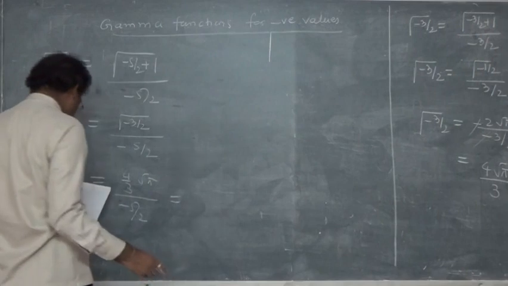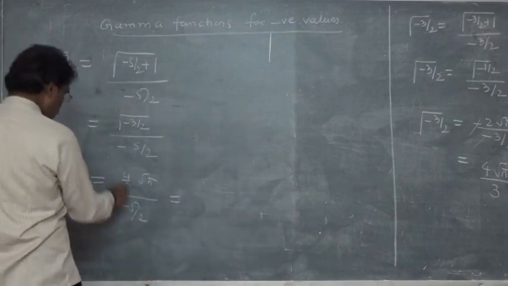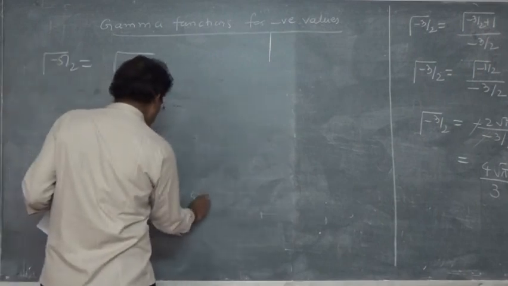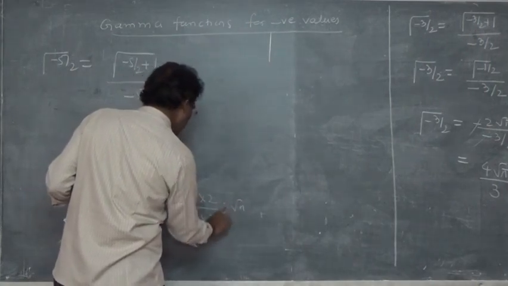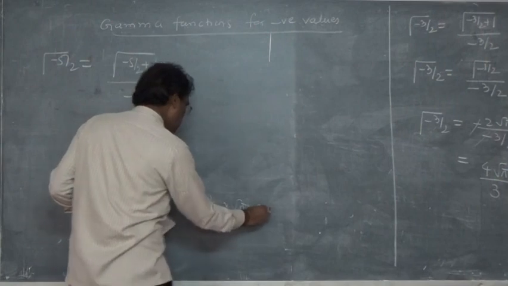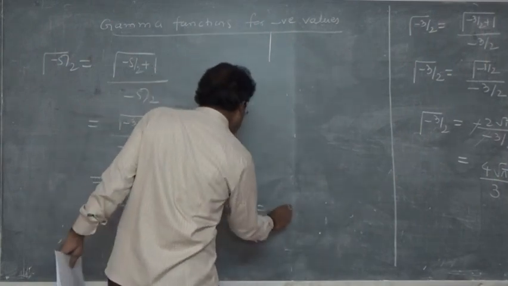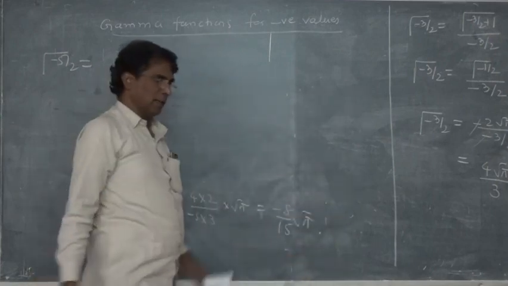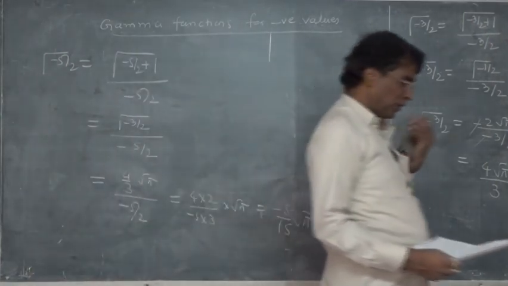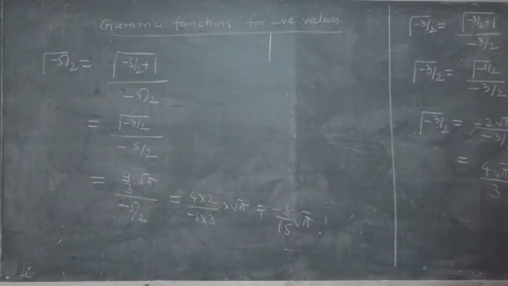Or this becomes, 2 goes to the numerator, 4 into 2, minus 5 into 3 into root pi, so this is equal to minus 8 by 15 root pi.